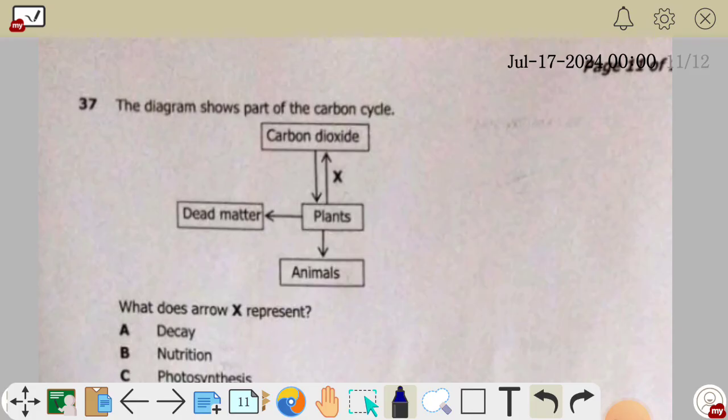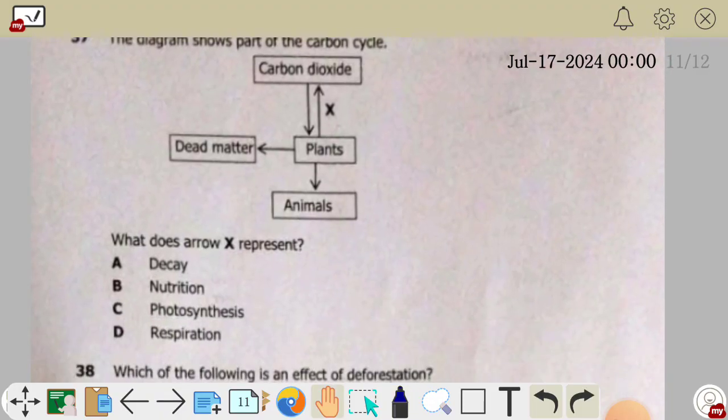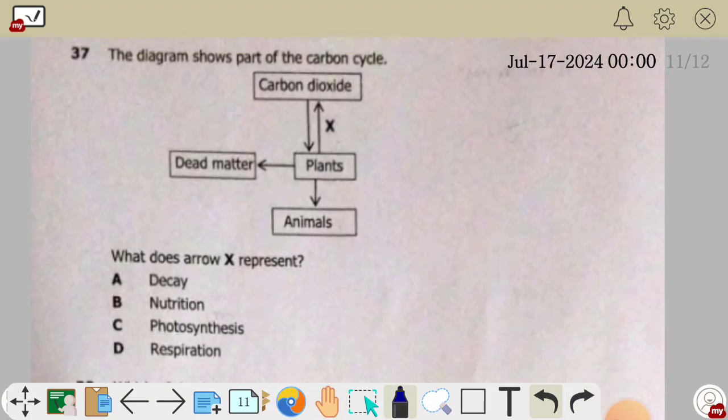Question 37. The diagram shows part of the carbon cycle. What does arrow X represent? So we have a plant here. It can be fed by animals. No, it is producing oxygen, which is used by animals. Then when it dies, it produces dead matter.